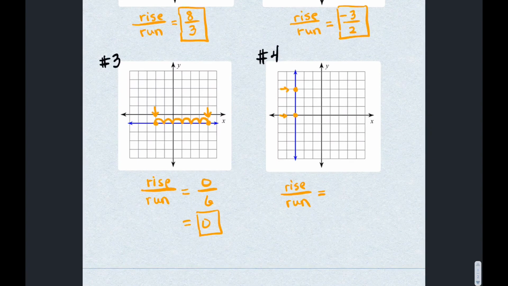If we start at the top and we go down, we'll have 1, 2, 3. So that's a drop of 3, or -3. So our rise is -3. But our run is 0 because we don't have to go left to right, and that's a problem. You cannot divide by 0 here, so we say that the slope of the line is undefined.